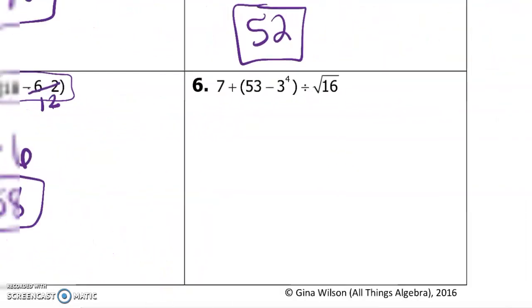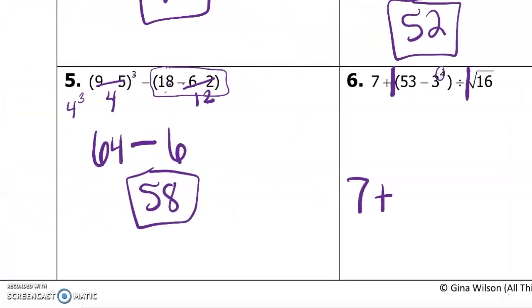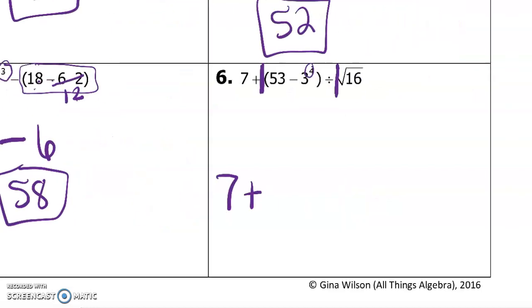Number 7, I'm going to break apart the plus sign and I'm going to break apart the division sign because I can do that square root at the same time. So I'm going to bring down my 7 and my plus because I can't do anything with that. Here, now this 4 is inside the parentheses. So if you look back at number 5, the 3 was on the outside. That's why we had to subtract first. This one, the 4 is right next to the number.